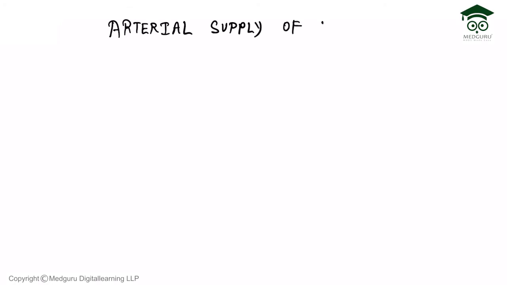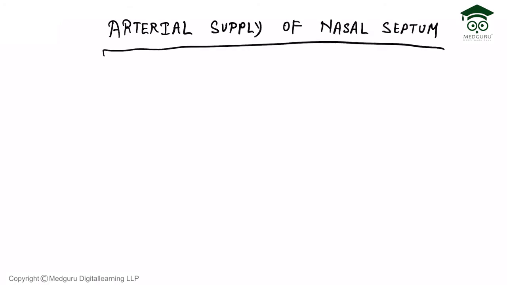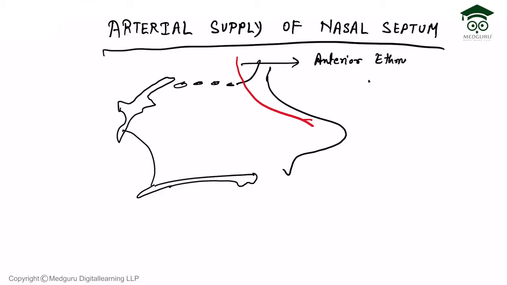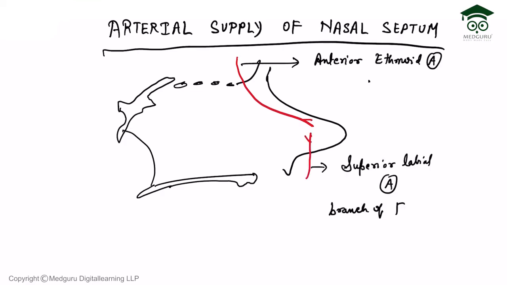Arterial supply of the nasal septum. First make a rough outline of the nasal septum. What is important is to show all the important arteries supplying it. The first is the anterior ethmoidal artery. The second is the superior labial artery, a branch of the facial artery.